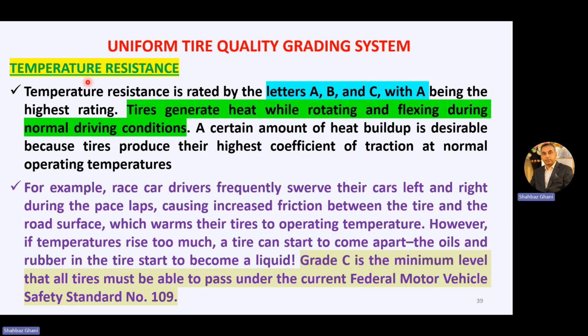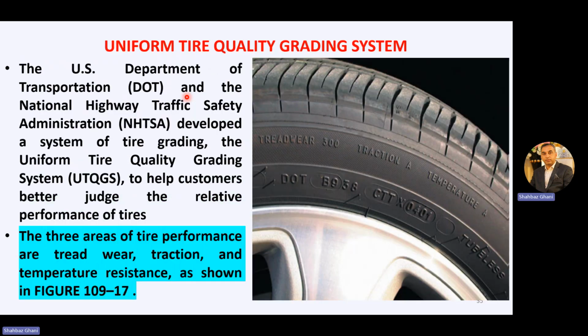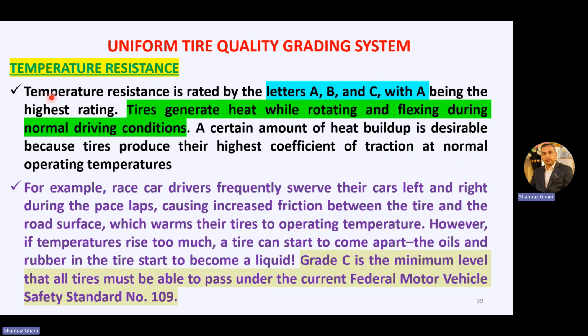Now, the third was the temperature resistance. As we have seen here, temperature A. Temperature resistance is rated by the letters A, B, and C, with A being the highest rating.